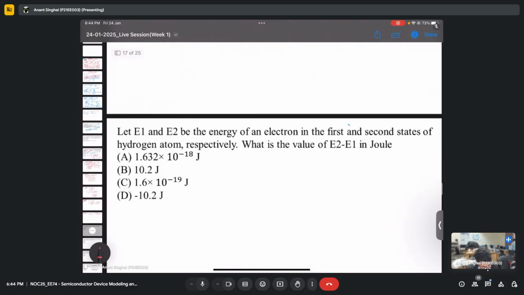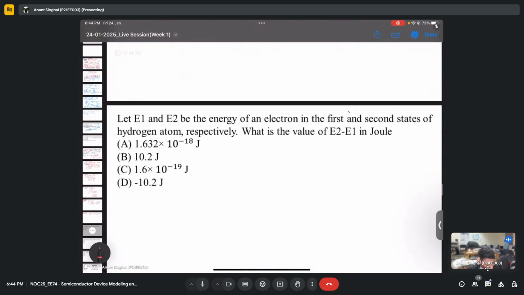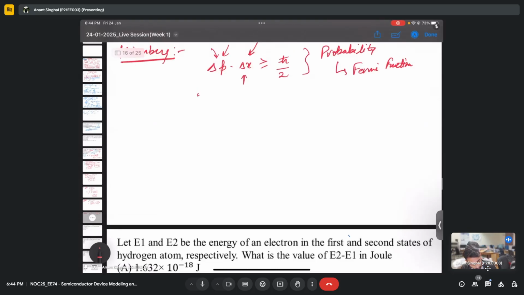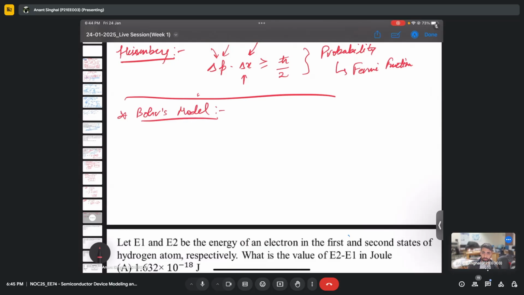So what was I saying? Okay, the next problem will include the knowledge of Bohr's model. That is the next topic. This is what we generally do in class 9 or class 11. So Bohr's model, I hope everyone knows, has three postulates.